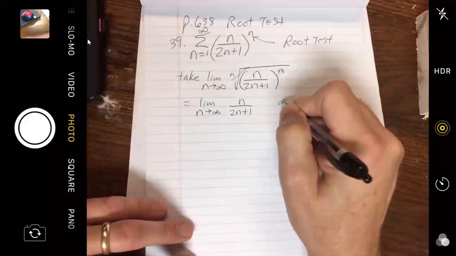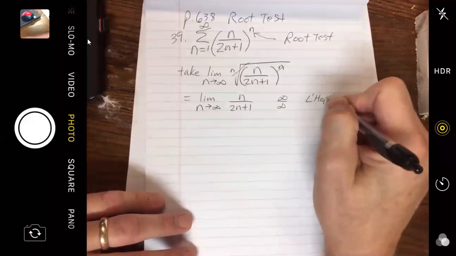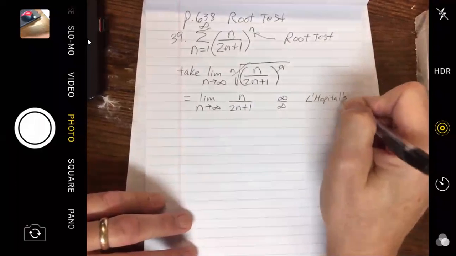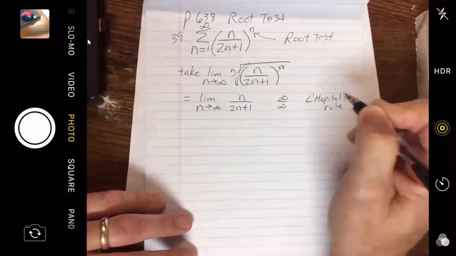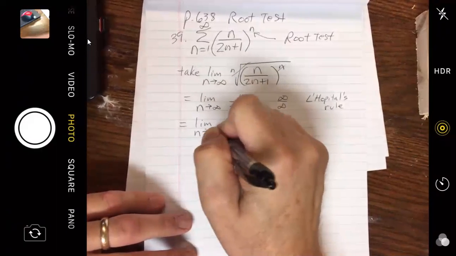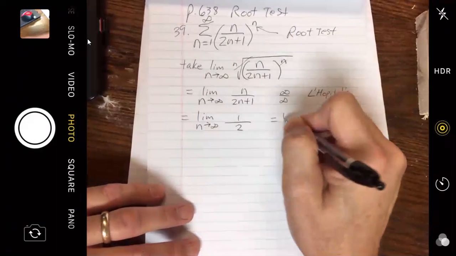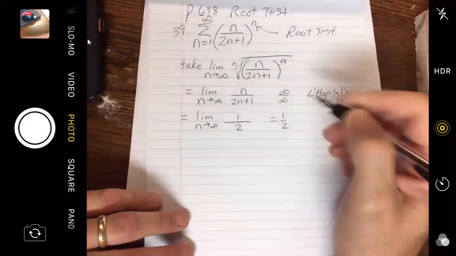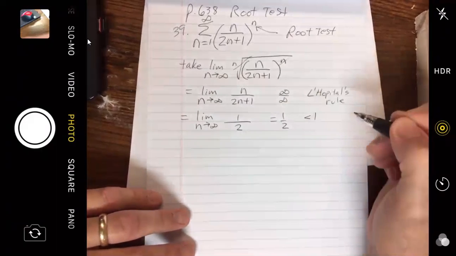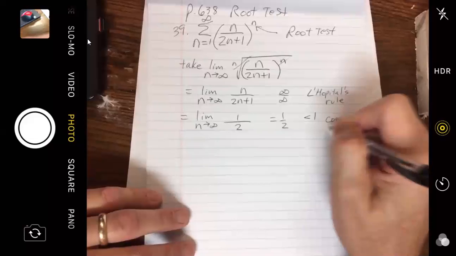Well, that's infinity over infinity. You need L'Hopital's rule. So you do a derivative on the top, it's 1. Derivative on the bottom is a 2. You get 1/2. That's a case 1. It's less than 1. Converges by the root test.